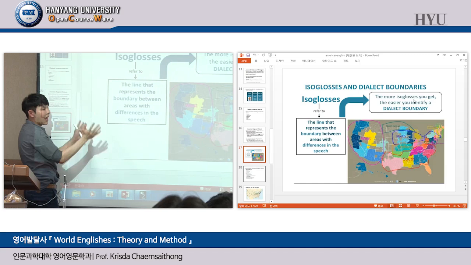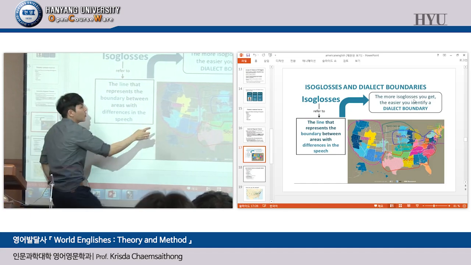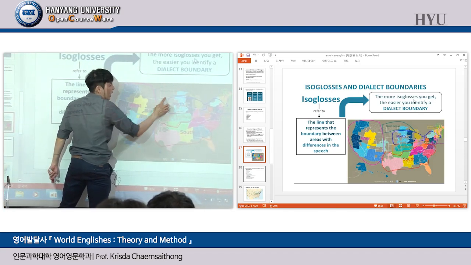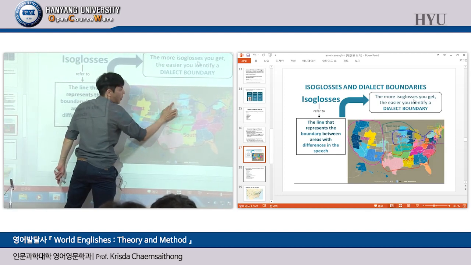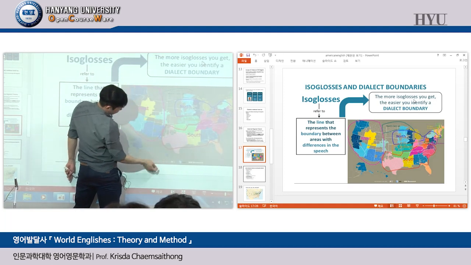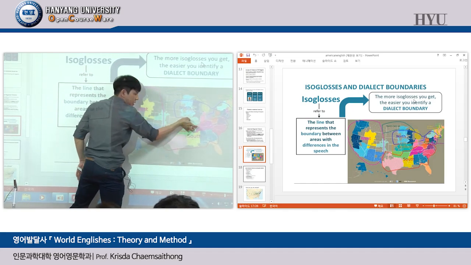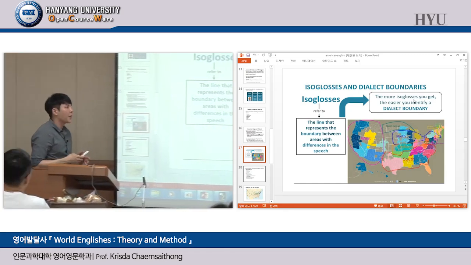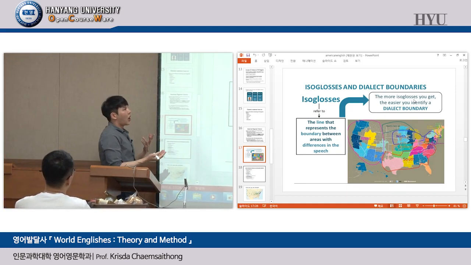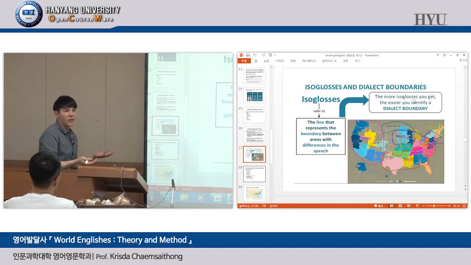So people in that area speak differently in one aspect from the rest of the people. So people in this area, this is kind of bluish green, Northern City, they speak differently from the inland north, like this. And then you see a big red area here, south, right? So people in this area speak differently from the next area, like that. So that's one isogloss for one linguistic item. So you can draw two isoglosses for two linguistic items or for two grammatical constructions that are different, like that.